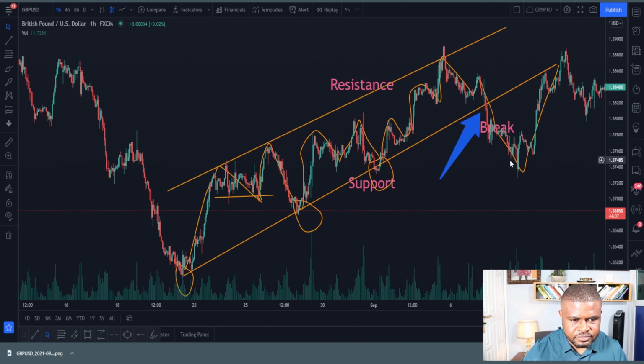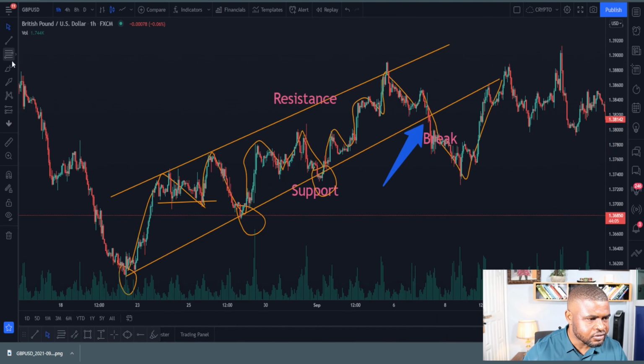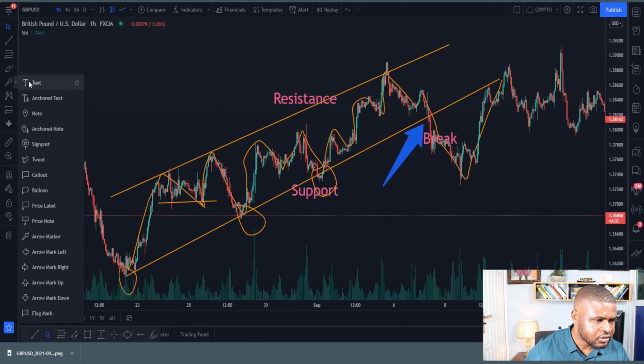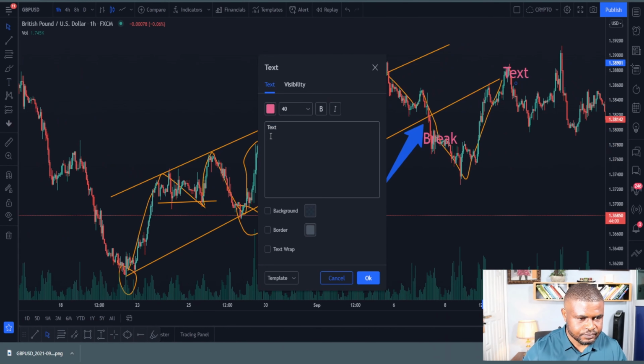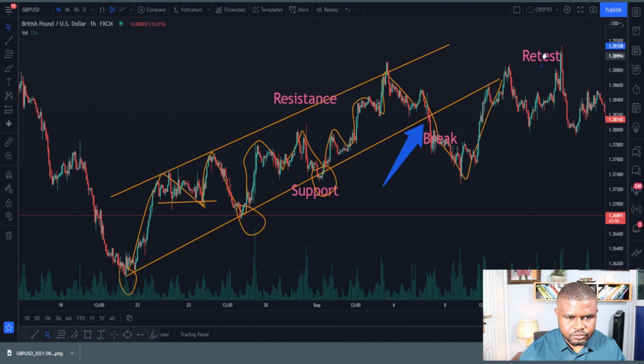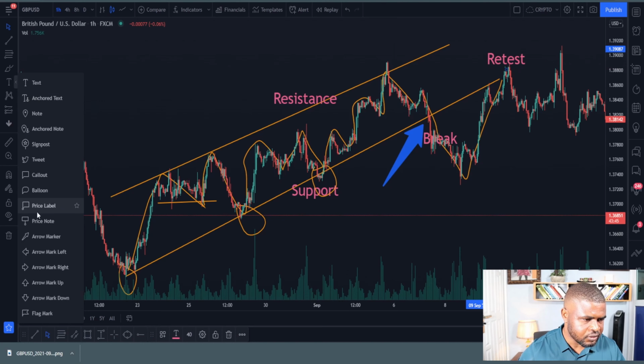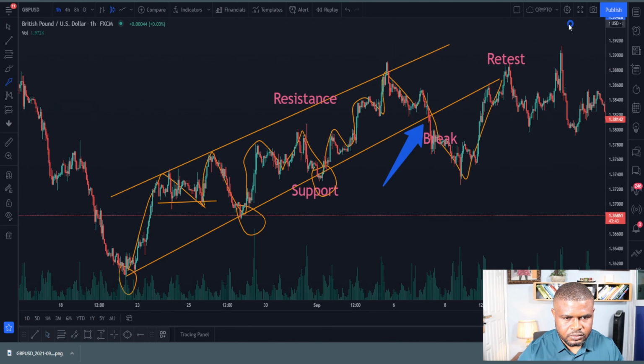Well, this is the break, and this is the retest. The retest, right? Okay, this is the break, this is the retest, right?